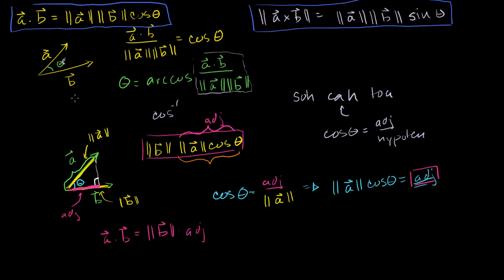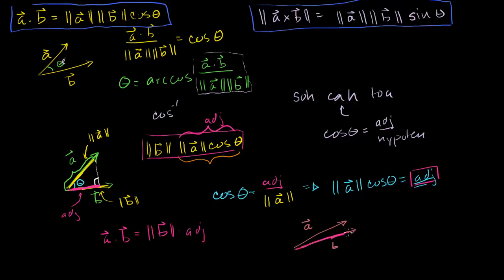If you have a light that shines down from above, this adjacent side is kind of like the shadow of A onto vector B. And you can imagine if our two vectors looked more like this, if they were really going in the same direction, let's say that's vector A and that's vector B, then the adjacent side that I care about, they're going to have a lot more in common.